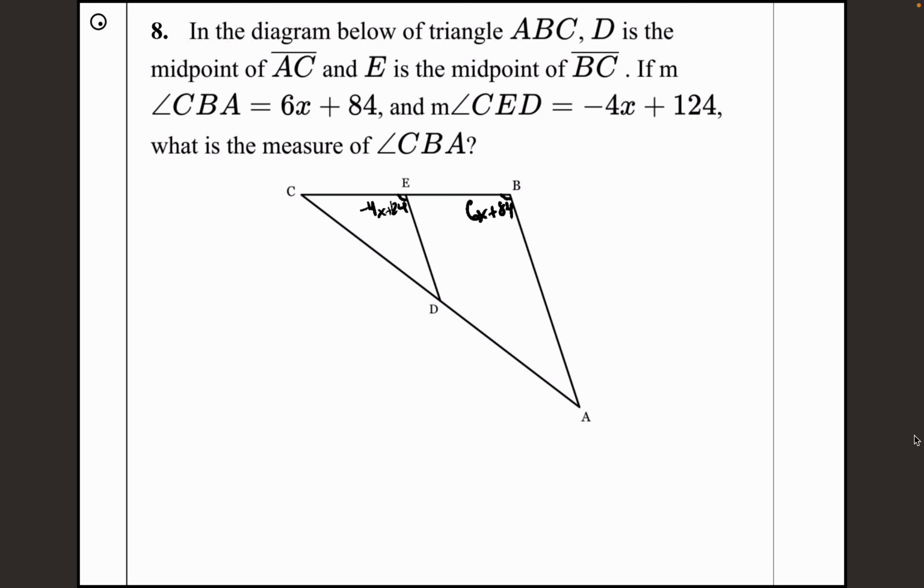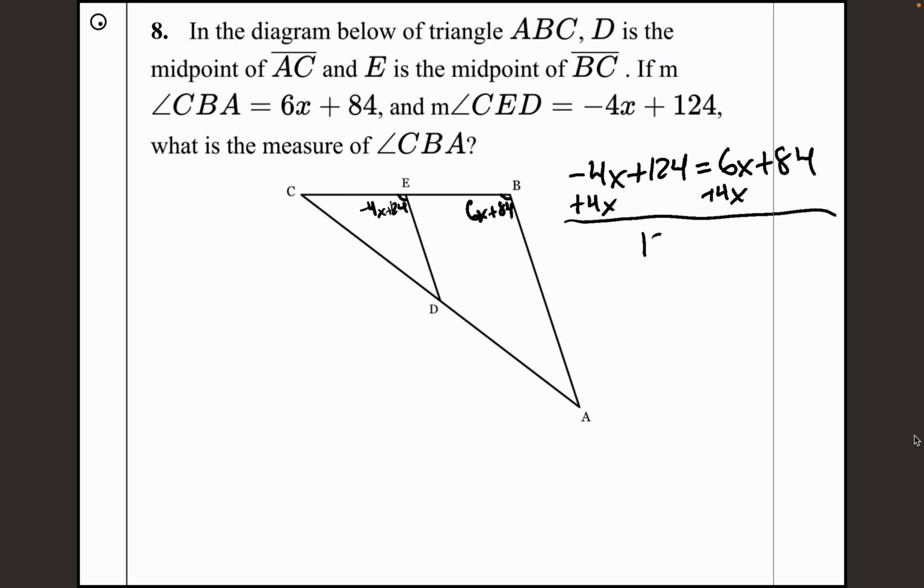Yep, all we do is put them equal to each other. You just set it up like this, and then we solve. That's okay. You'll still get the same answer. I'm going to add the 4x over first. If you didn't do that first, that's okay.